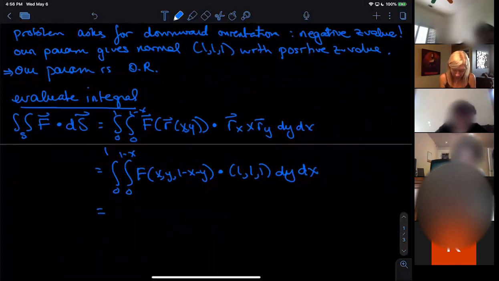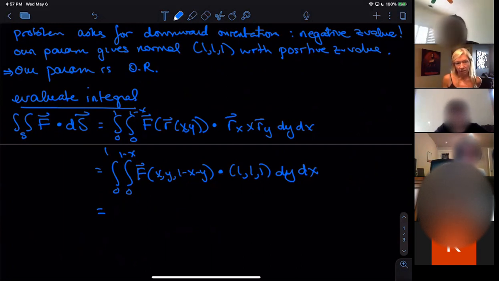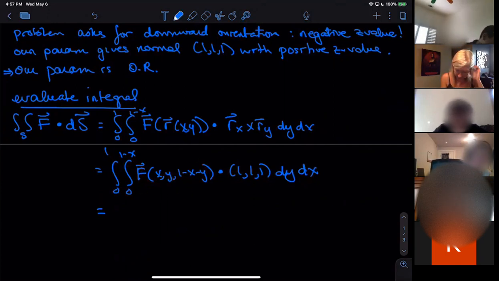Are we ready to take the dot product? You need to substitute into F first. Yeah, that's right. Sometimes students will see there's a vector here and a vector here, and they want to dot these. But remember, this is the input into a function, so you have to plug it into F first before we can take the dot product.